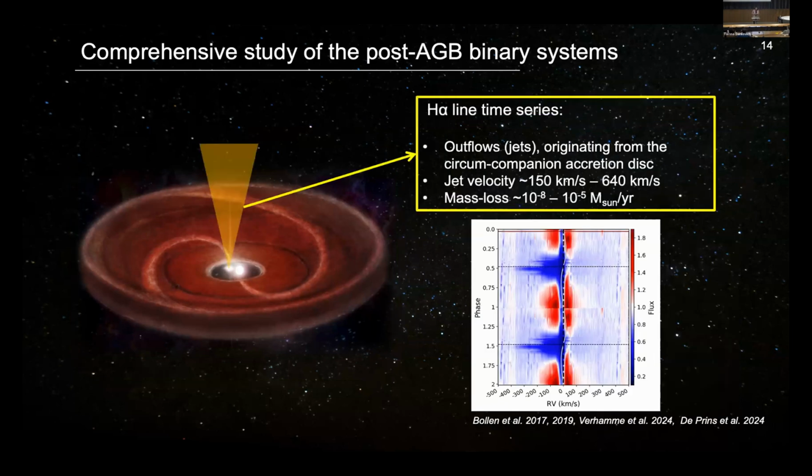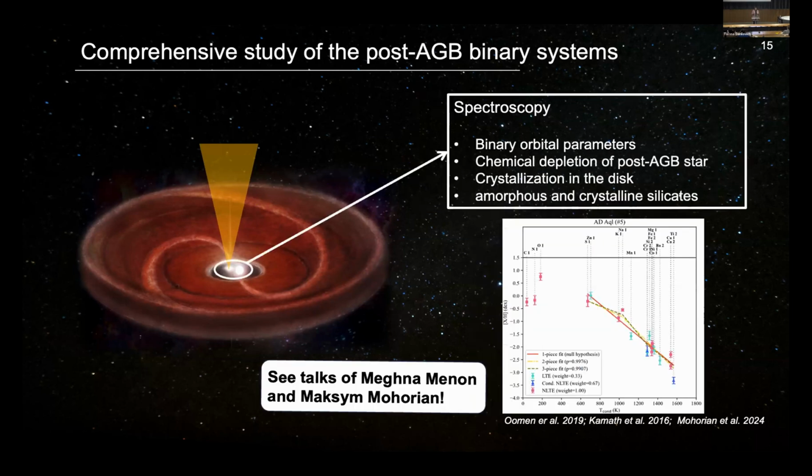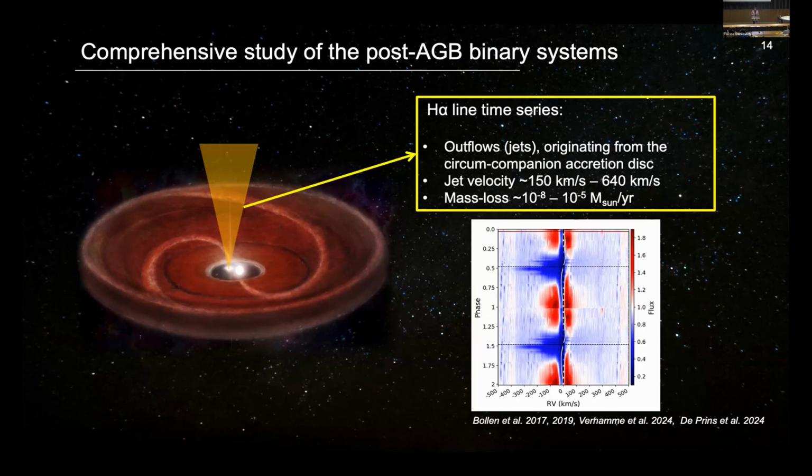High-resolution radial velocity monitoring of several post-AGB stars has shown variable absorption features that were interpreted as jets. When the evolved companion in the system appears behind the secondary star, continuum photons from the primary star get absorbed by hydrogen atoms in the jet, resulting in a variable shape of the H-alpha line profile. In the image here, you can see the dynamic spectra of the H-alpha line for the post-AGB system.